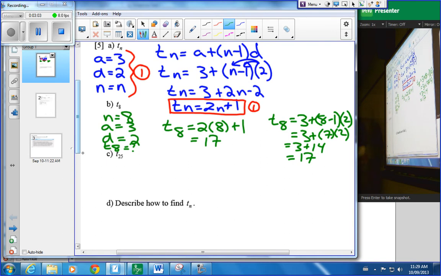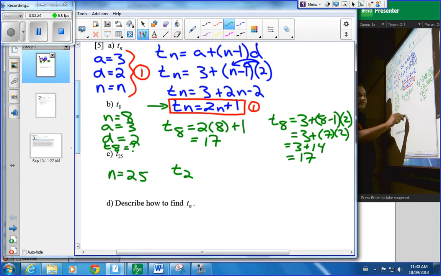Either or, right? Just know now, though, that we found the general formula, so it's going to work all the time. That's why we define the general formula. In general, this is going to work for the rest of any of these examples in this particular sequence. So T25, I'm just going to do it the easy way. n is 25.